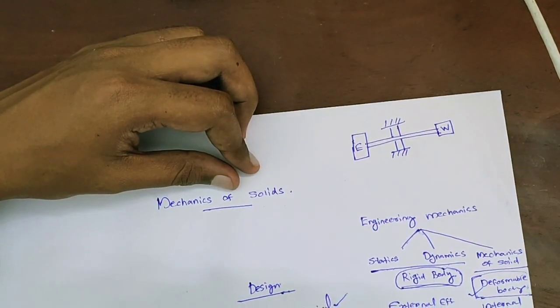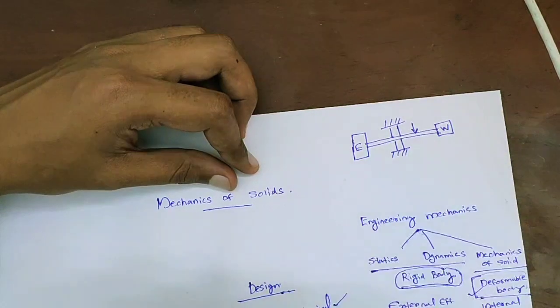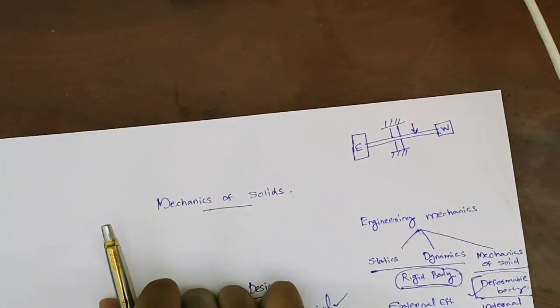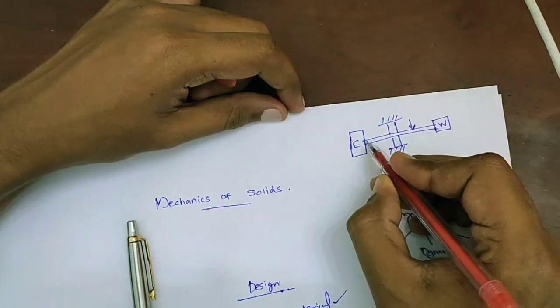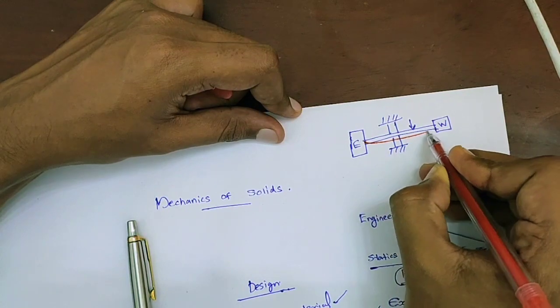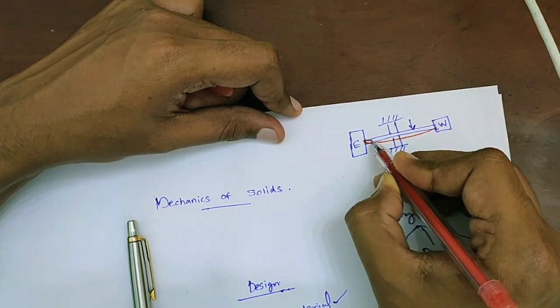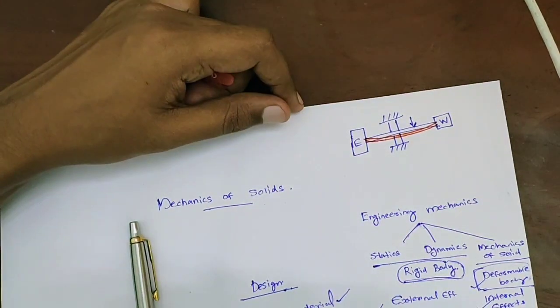When I apply a particular vertical point load on this shaft, the shaft starts to deflect. For example, this is the final position of the shaft after deflection.